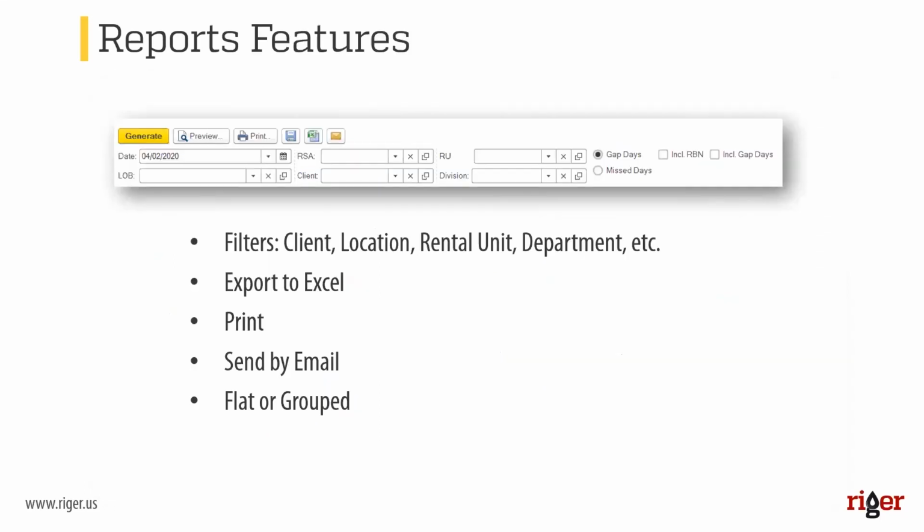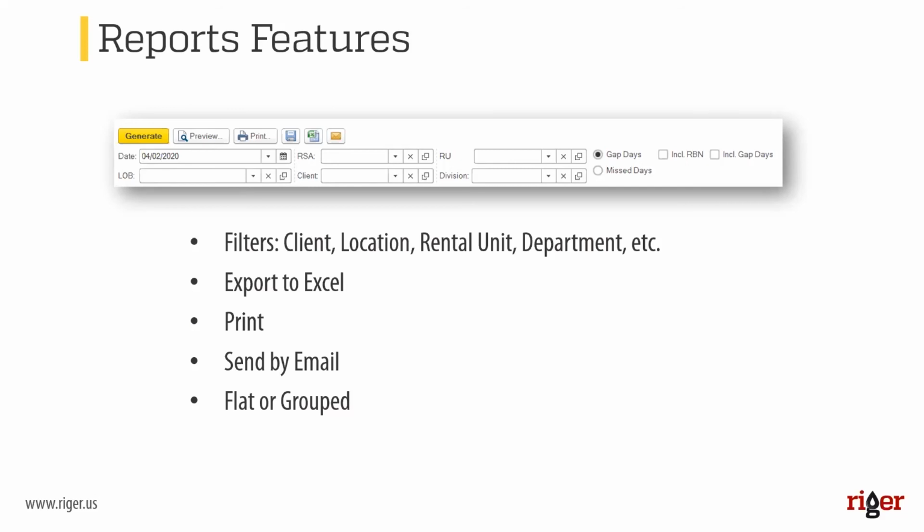If we move on to the next slide, we can see that most reports are going to share some common features. The main ones are going to be the filters. Obviously, you would be able to filter down and narrow down your search to identify the type of information that you need. You can also export your reports to Excel, and for exporting, there are two types for each report.